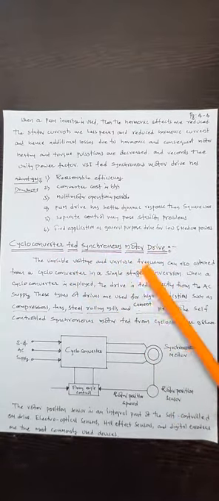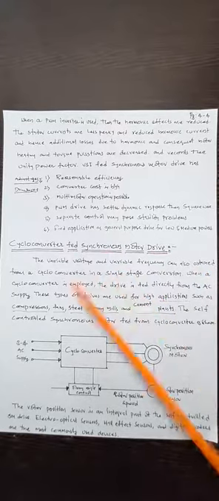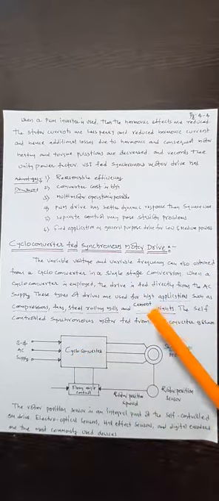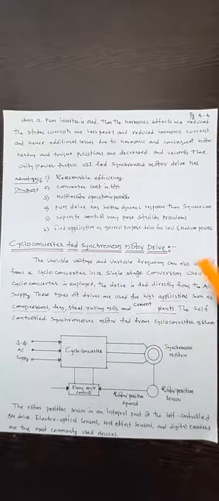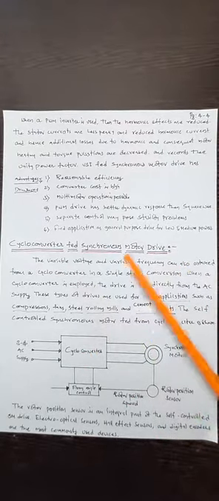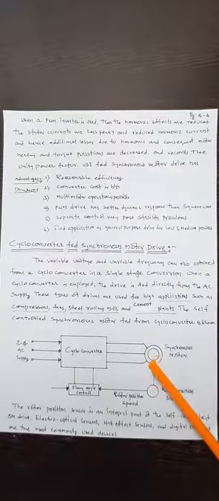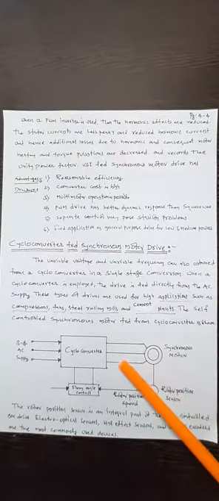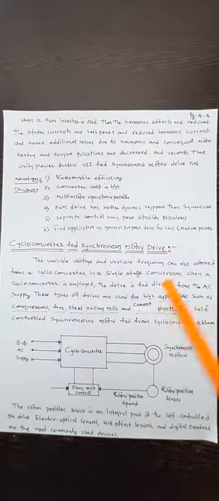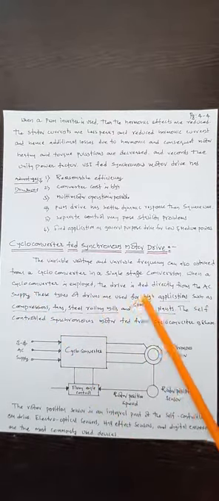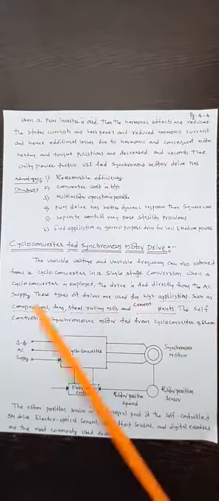Variable voltage and variable frequency can also be obtained from a cycloconverter in a single stage conversion. There is no phase controlled rectifier and no chopper required. So in a single stage conversion, you can have variable voltage as well as variable frequency for the synchronous motor. When a cycloconverter is employed, the drive is fed directly from the AC supply.